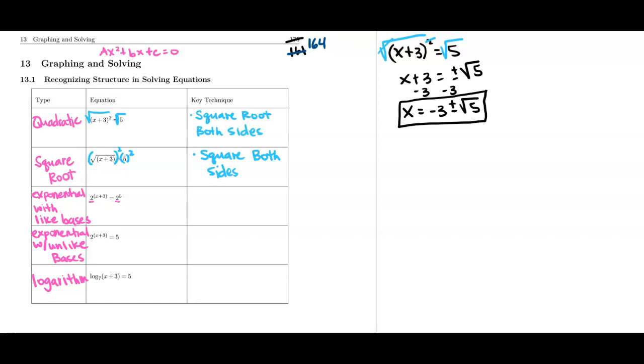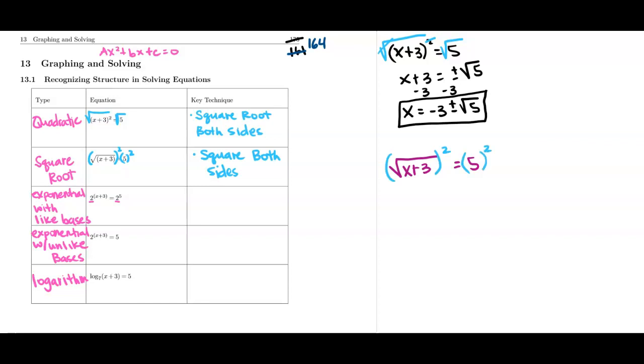Okay, so here when we do that, let's go ahead and write this one down. So this time we've got the square root of x plus 3 equals 5. So then again, on this one, I'll square both sides.